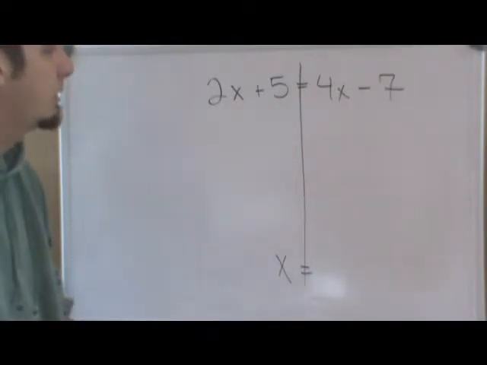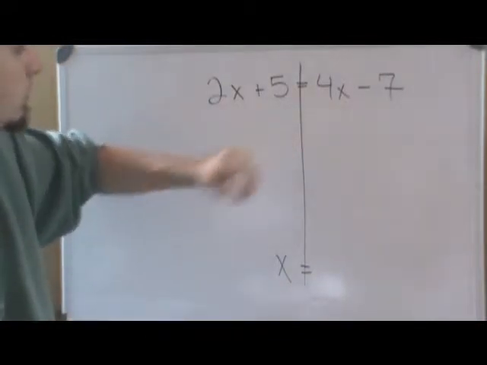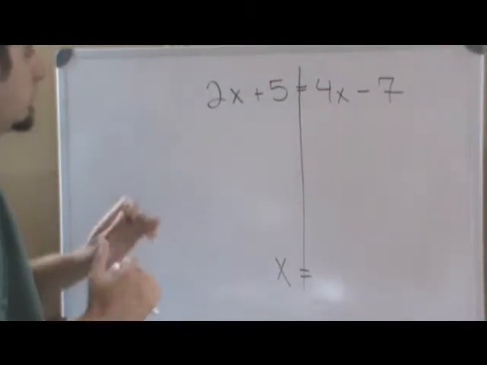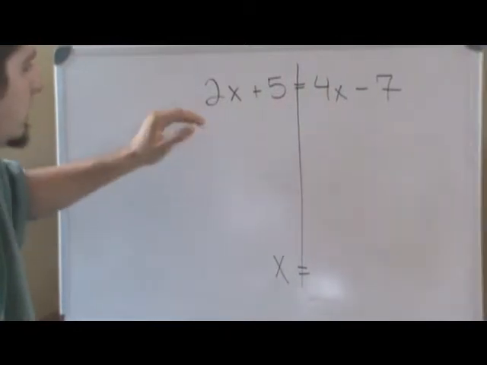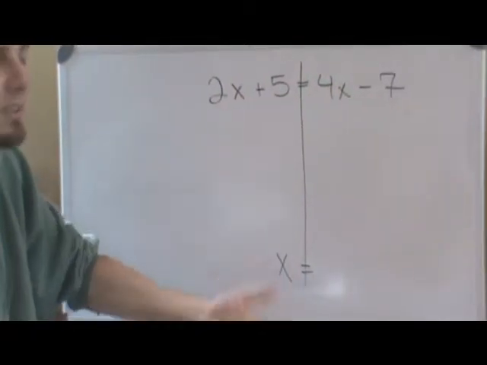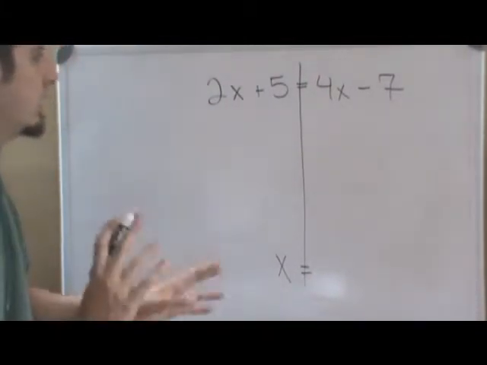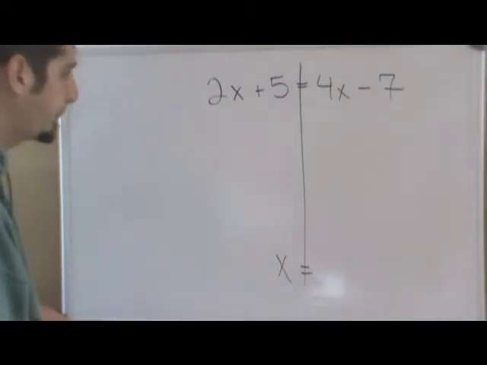And this is where you have a little bit of choice. You can choose to get rid of the 4x, or you can choose to get rid of the 2x. I'm going to move the 2x because I know that I need to subtract 2x from both sides to get rid of it. And 4x minus 2x isn't going to get me a negative answer, and I like to avoid negatives if I can, just because it makes the process simpler.